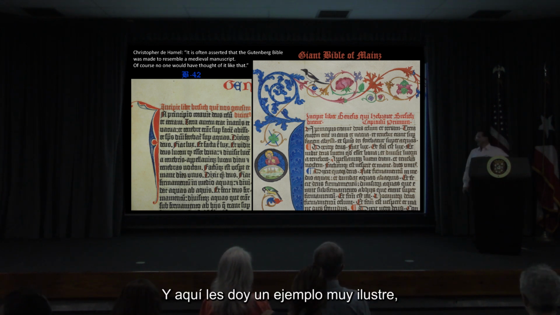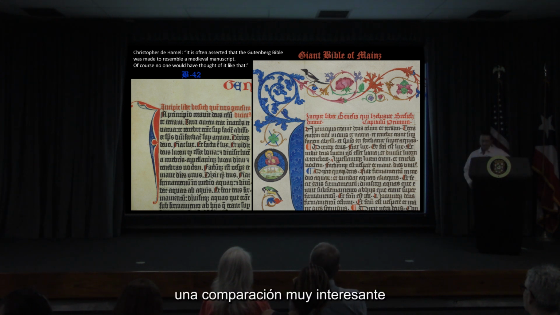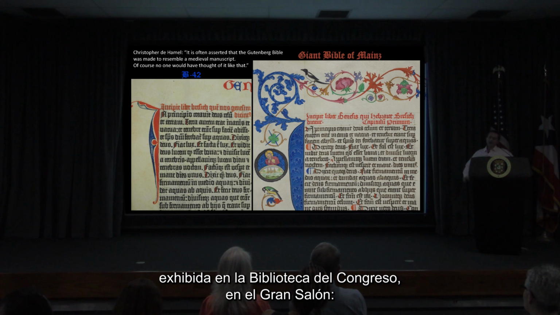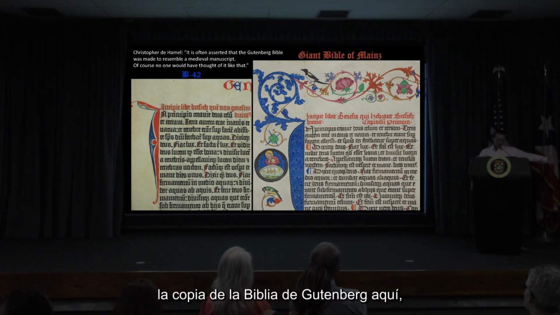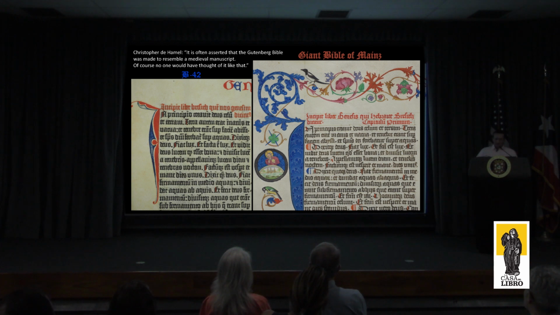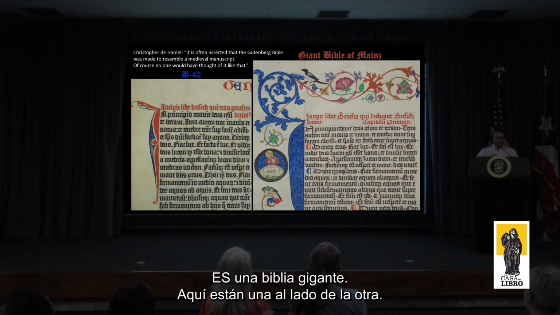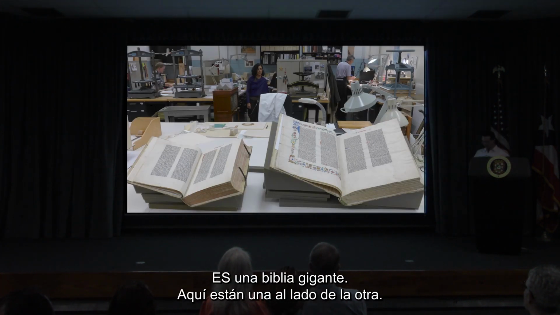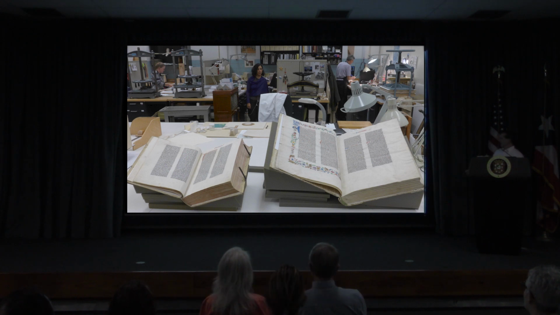And here I am giving you an illustrious example for a very interesting comparison that is set up at the Library of Congress in the Great Hall: the copy of the Gutenberg Bible, the B42, with the Great Bible of Mainz. Here they stand side by side.